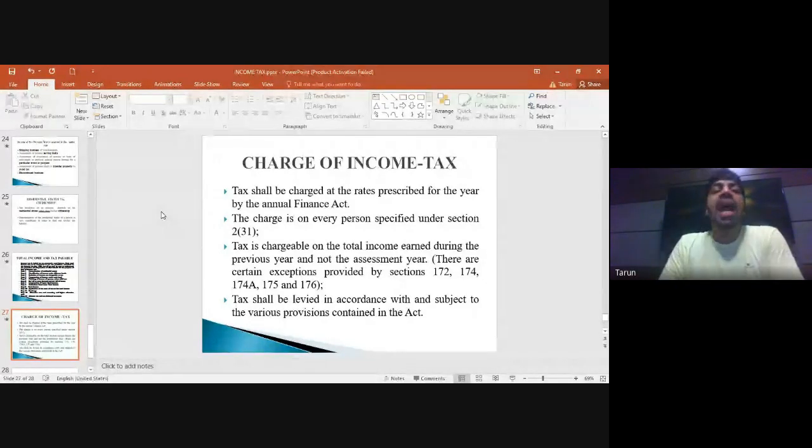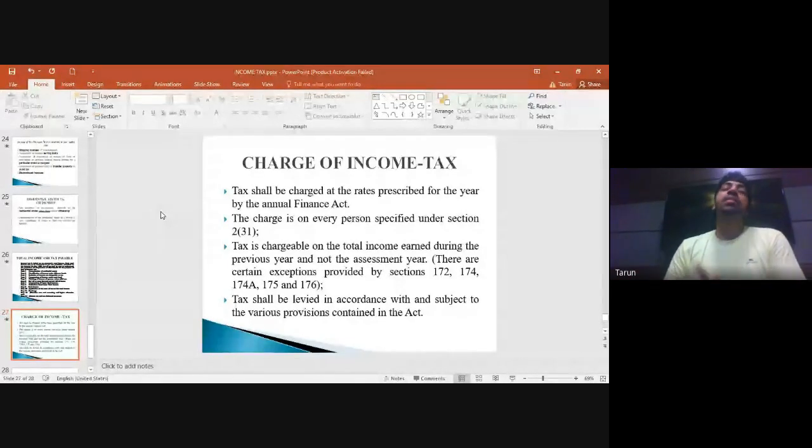Tax shall be levied in accordance with and subject to the various provisions contained in the Income Tax Act, which are always to be followed. You cannot be free from such provisions, and you have to follow them accordingly, right?